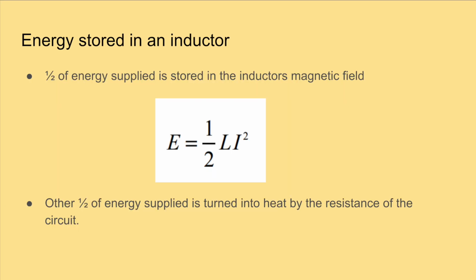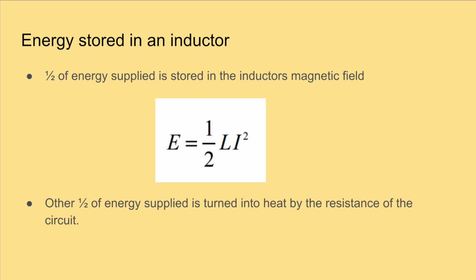Just like everything else we do, we have our law of energy conservation that also applies to inductors in DC circuits. This law of energy conservation is looking at the energy, of course, not changing in total, but just changing forms.